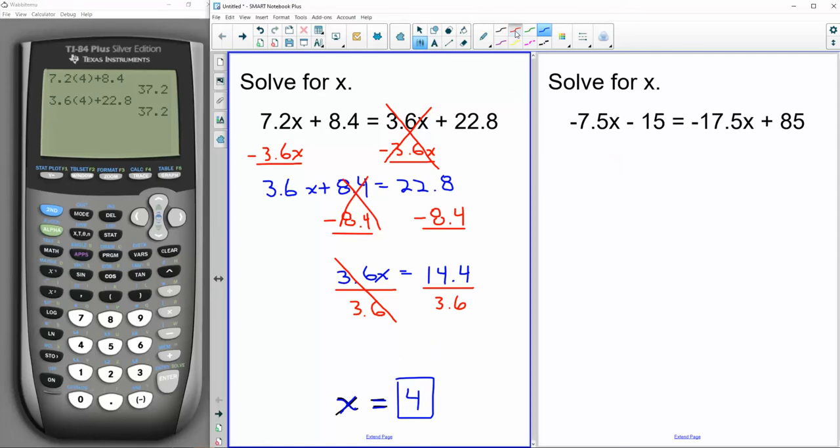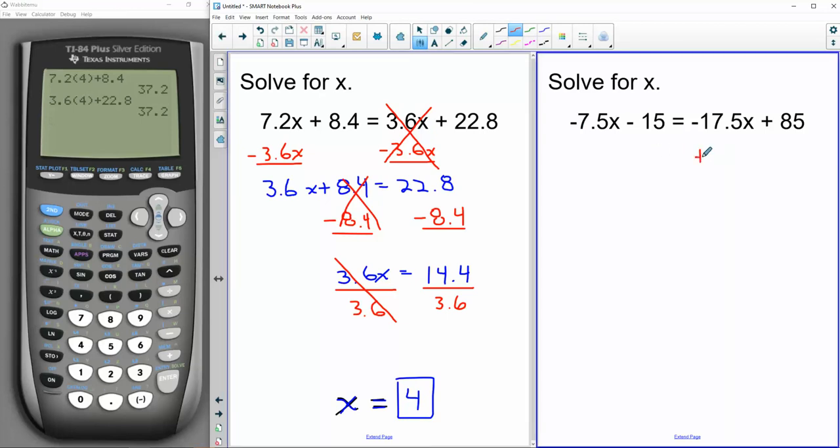All right, let's try it again. So the first thing I want to do is get all the x terms on the same side. So I'm going to get rid of this negative 17.5x by adding it to both the right side and the left side.